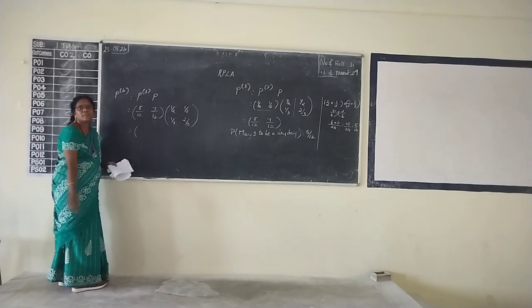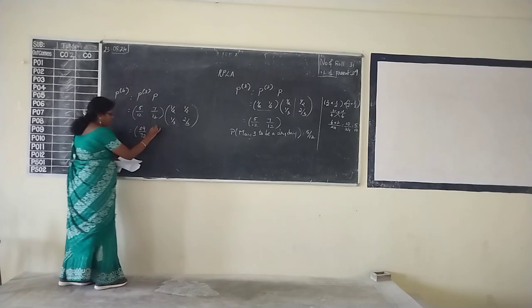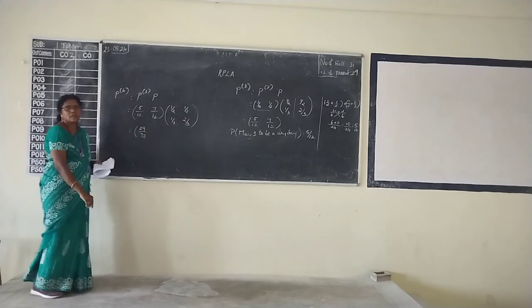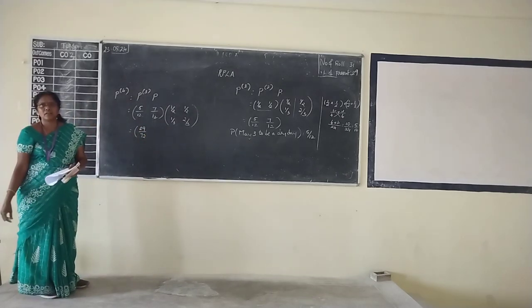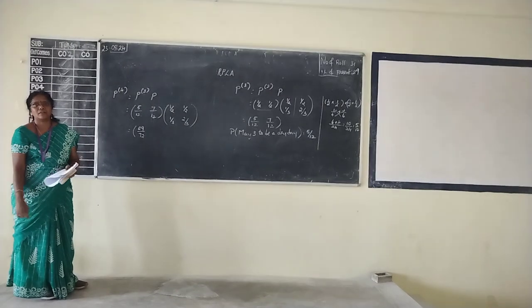Is that correct? The total probability value should be equal to 1.